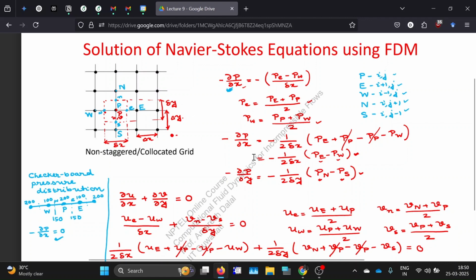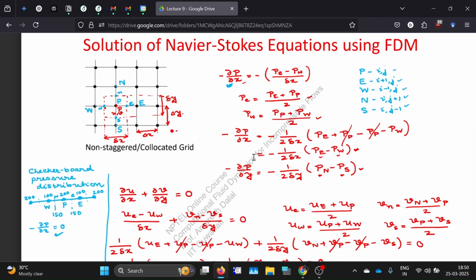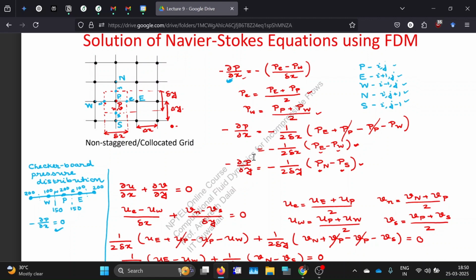But still, when we interpolate the pressure at P small e, we can take the average even if it is not at the center. You can use weighted interpolation then. The one that is closer will have a greater weight, and the one that is further will have a lower weight. So based on the distance, basically, we can make this. Exactly.